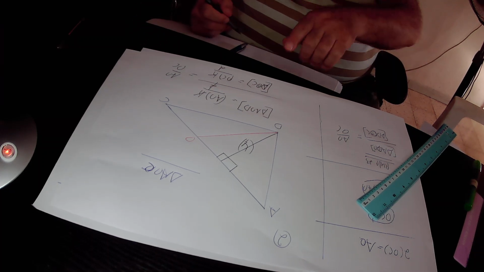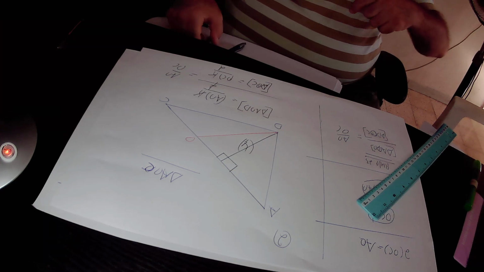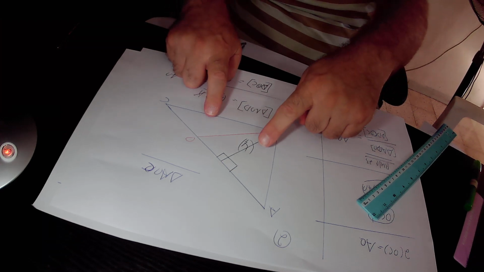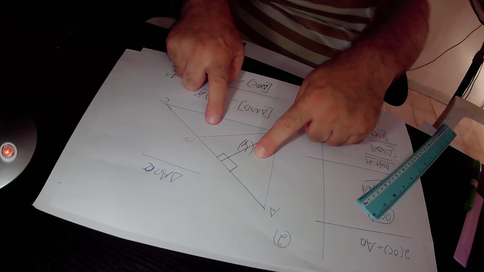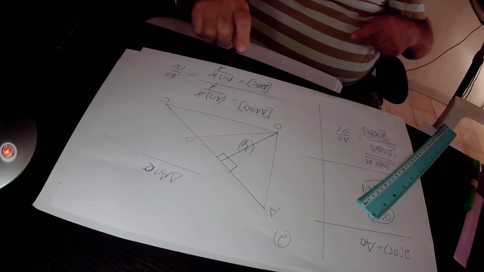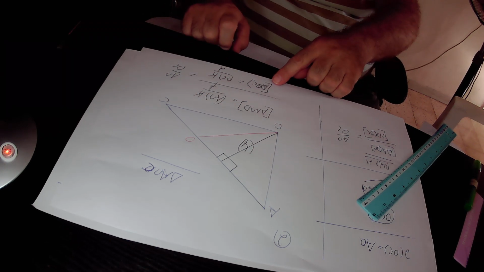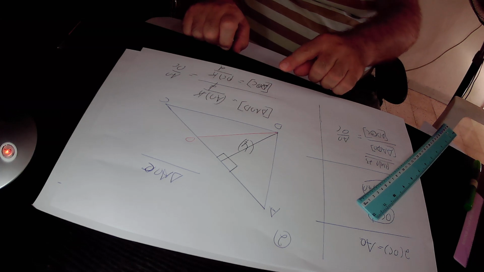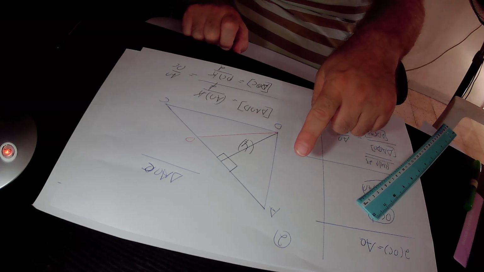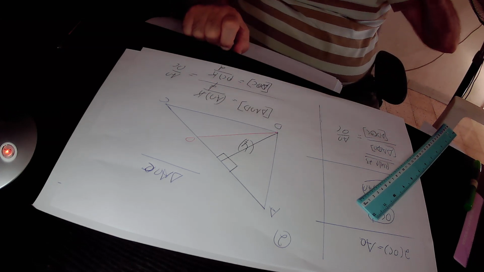So we found out that the ratio between the areas of those two small triangles, the area of triangle AOD over the area of triangle DOC, is equal to the ratio between their corresponding bases. This is AO over OC.